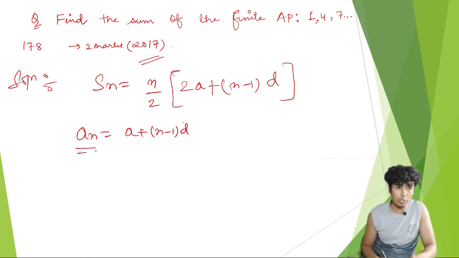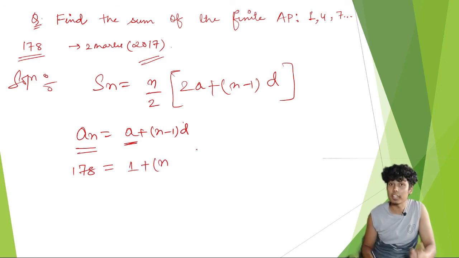What is the nth term? 178. What is a here? A is the first term, 1. Plus, we do not know n, so (n minus 1). What is d here? D is 4 minus 1, that is 3.